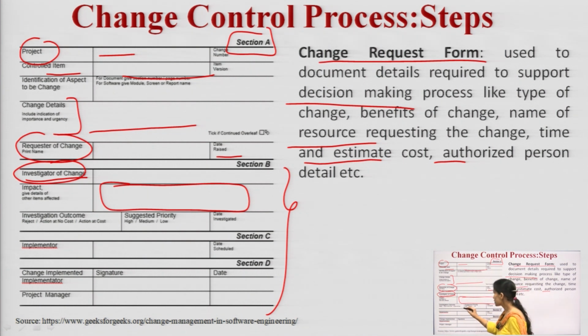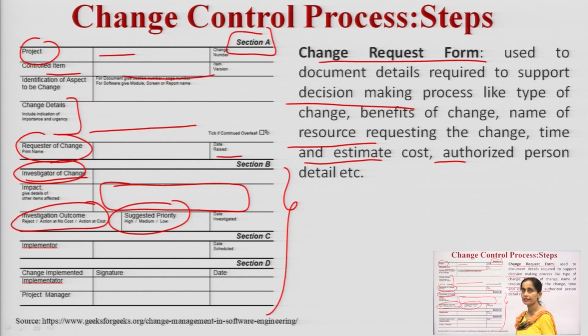So, the investigation outcomes are written and accordingly its priority is decided, whether it should be prioritized as high, medium or low. Then who has implemented this change in the software?